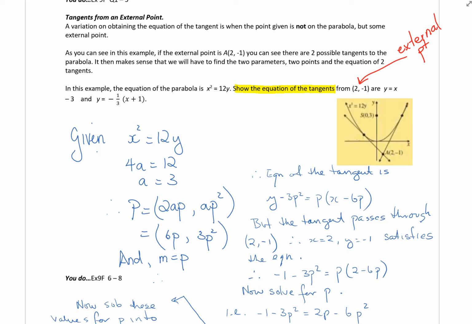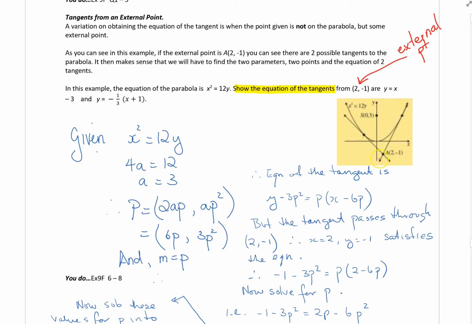Now, in this next example, we're going to look at the equation of the tangents from an external point to a parabola. And obviously the parabola would be in the form x squared is 4ay.